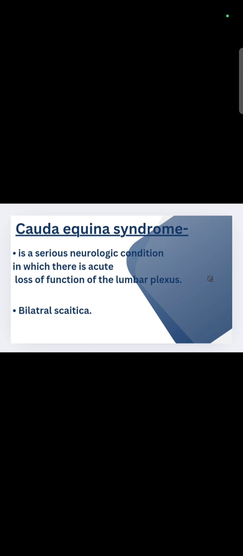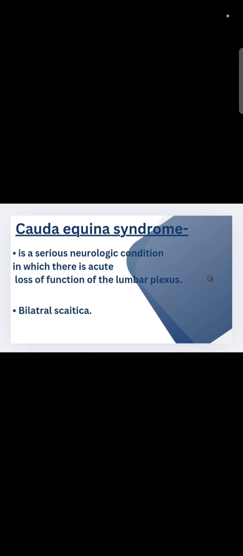Now, cauda equina syndrome. As you know, the cauda equina is the lowermost part of the spinal cord, and cauda equina syndrome is generally a neurological condition in which there is an acute loss of function of the lumbar plexus.